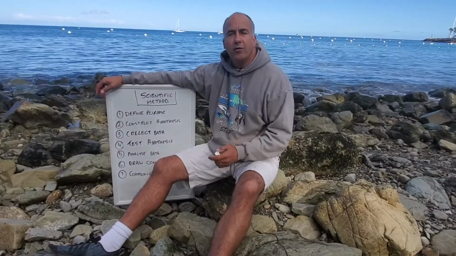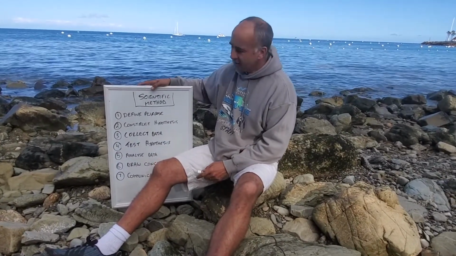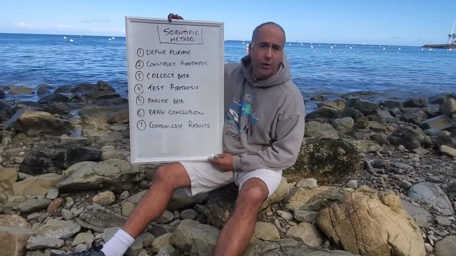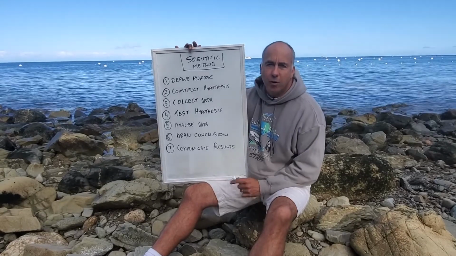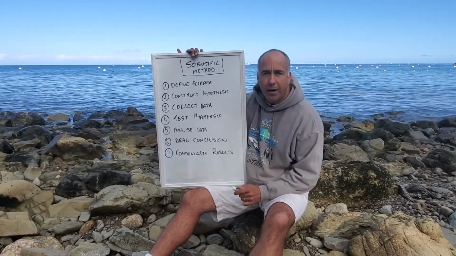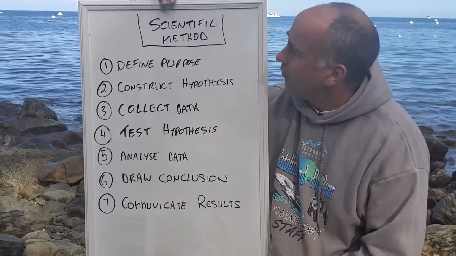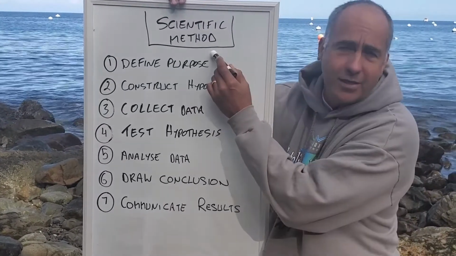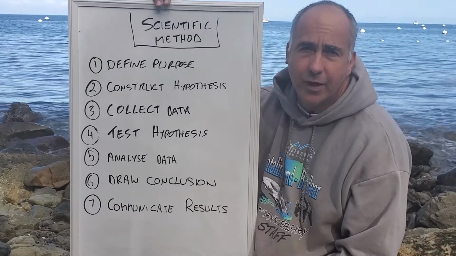We are now doing the scientific method on our journals. It has 7 parts. I want to go through them really briefly. I already taught you about most of these steps, but these are the parts that actually make the scientific method. So, the first thing you want to write down in your journal is the scientific method title, okay?